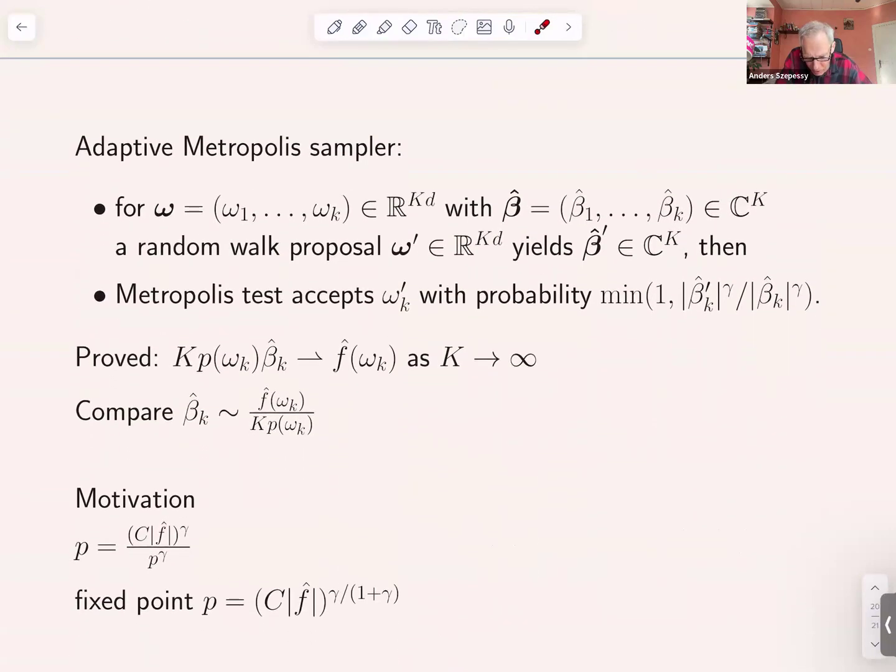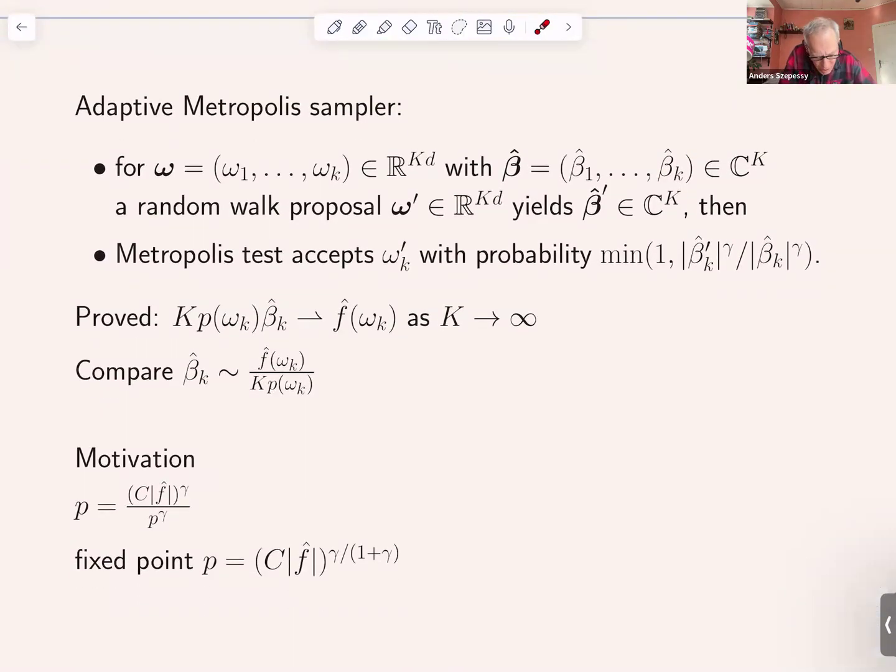Okay, so here is a quick description of what the adaptive random feature method based on Metropolis does. When you do random features, you obtain the amplitudes, and you want to do an adaptive change of the frequencies. So you construct a random walk proposal step for the frequencies, and for these new frequencies you can compute the amplitudes again, and you have the new amplitudes.